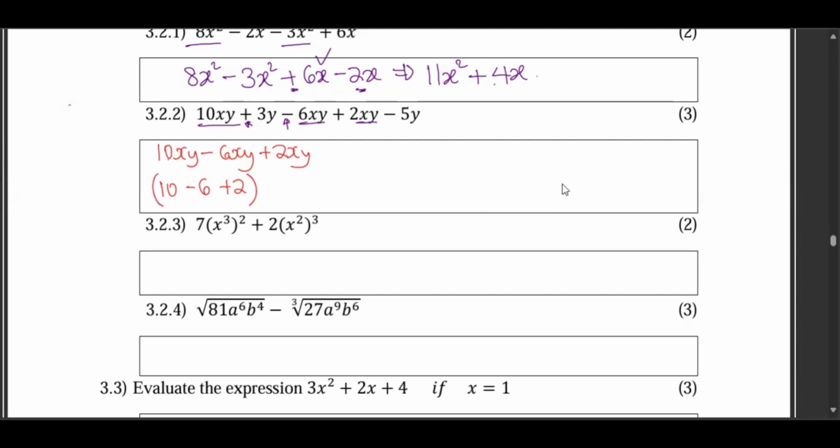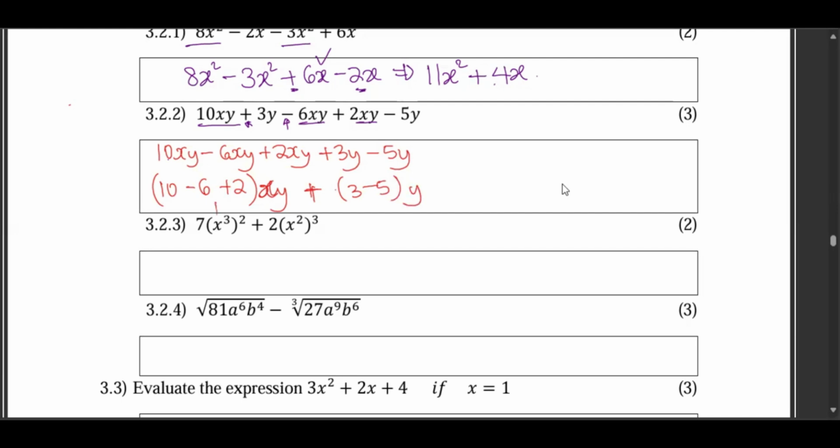Put these numbers alone, and you leave what? xy. Don't forget that on the other side you remained with your plus 3y minus 5y. Also these ones, since they have y, you put out the numbers alone and remain with your y.